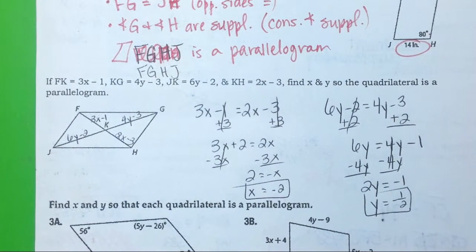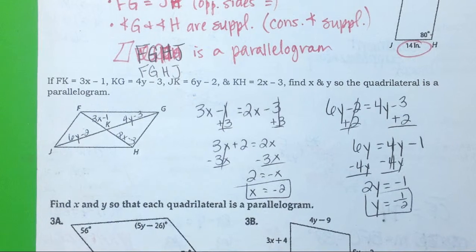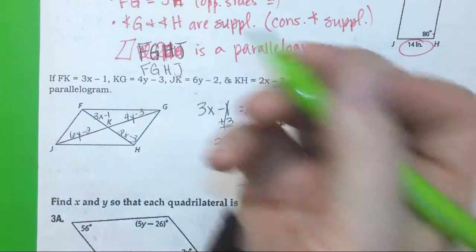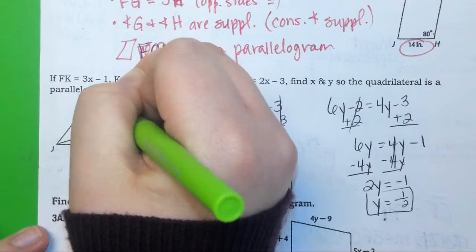I don't like it because you got negative values. I don't think x and y should end up being negative. That kind of confuses people. Here in geometry, we like to live in positive land, especially when we're talking about how long something is. If you plug it in, you'll be even more concerned because you'll get 3 times negative 2 minus 1.